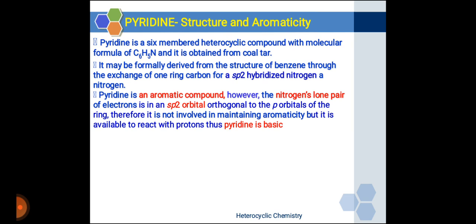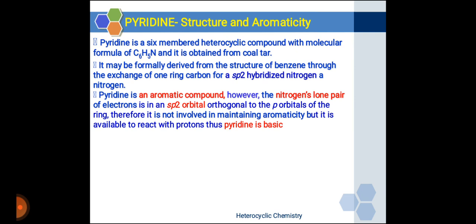Here nitrogen is in the ring with the benzene, that means C6H5N, which we call pyridine. It may be formally derived from the structure of benzene through the exchange of one ring carbon for an sp2 hybridized nitrogen.